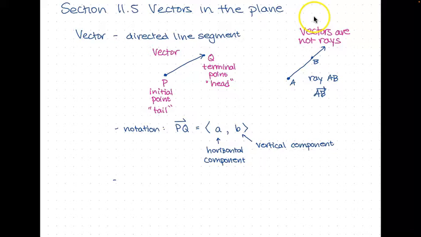A vector can represent that force because it can indicate the direction that the force is acting on the object. The magnitude of the force is represented by the length of the vector. You don't really have to know that for the calculus part, but vectors have a huge application in physics, and they're very useful because of that. So vectors have a magnitude, which is indicated by the length of the vector, and a direction.